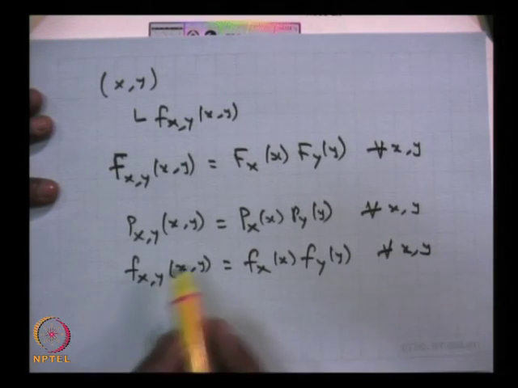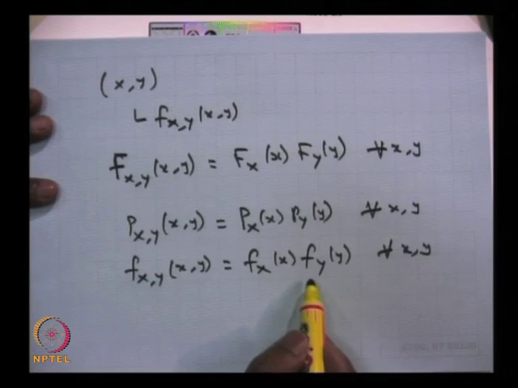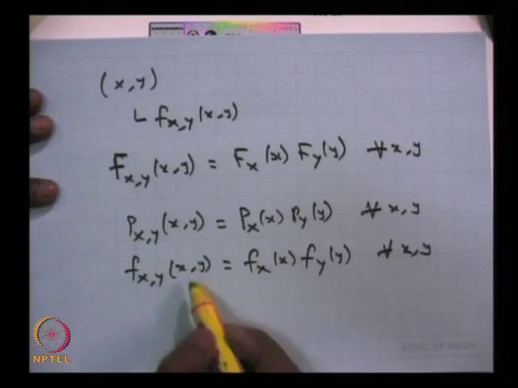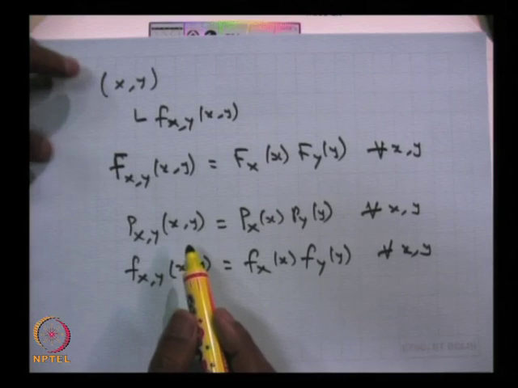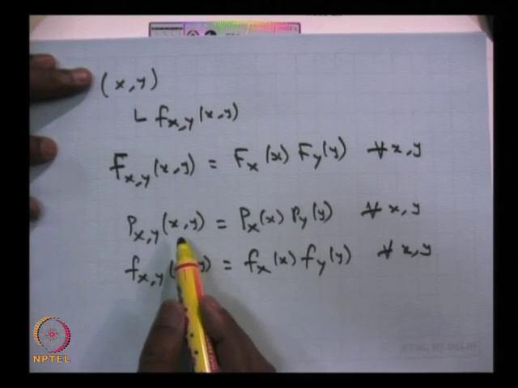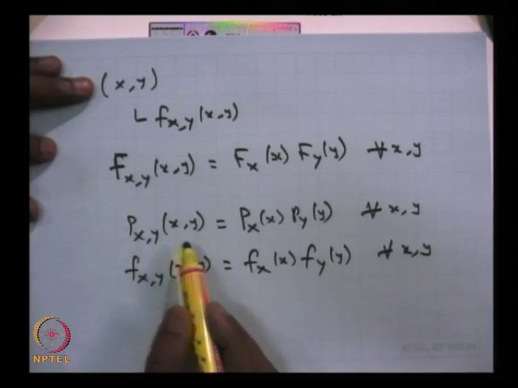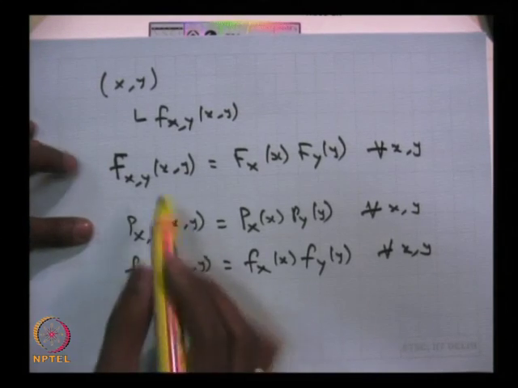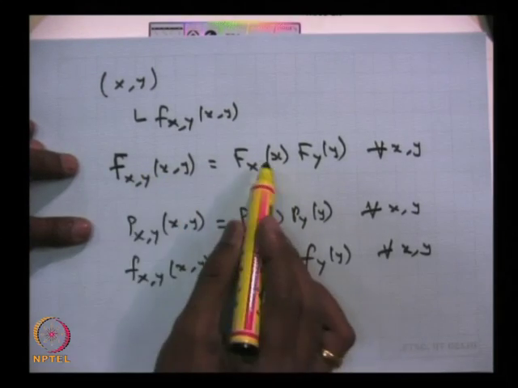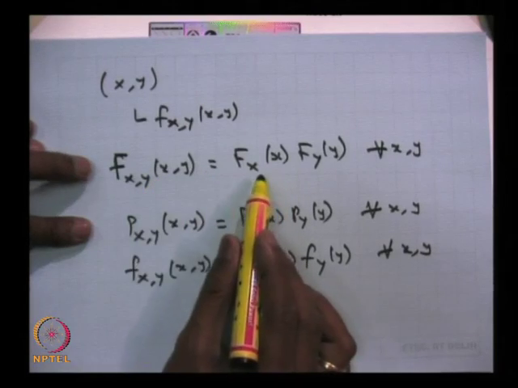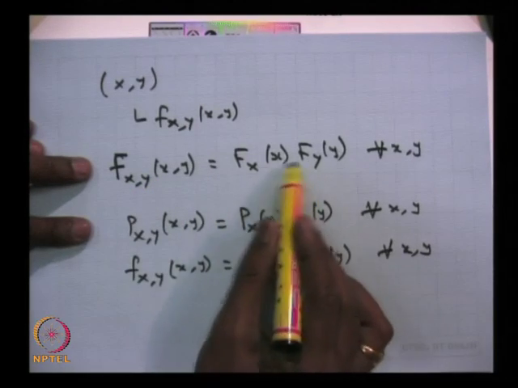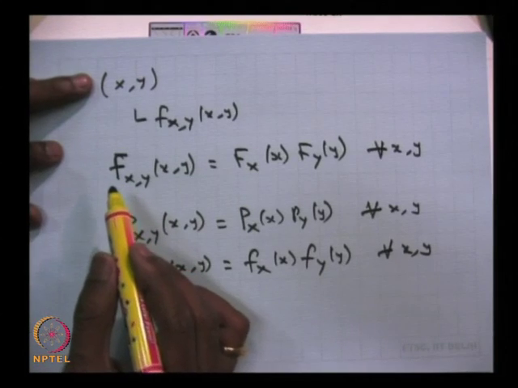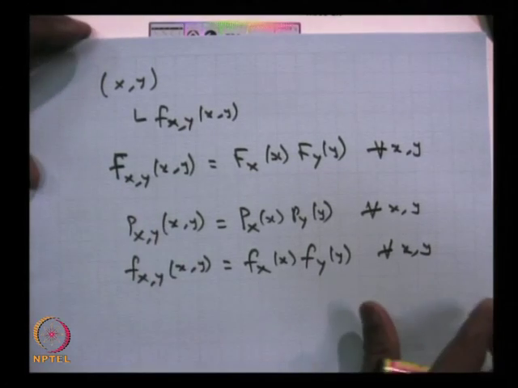That means, based on whether the random variables are discrete or continuous, you can cross-check whether this property is satisfied. If it is satisfied, then you can conclude the random variables are independent. Similarly, if the random variables are independent, then this property will be satisfied. Whether discrete or continuous, you can always check at the CDF level also. If the joint CDF and the individual CDFs satisfy this property, then you can conclude both random variables are independent.